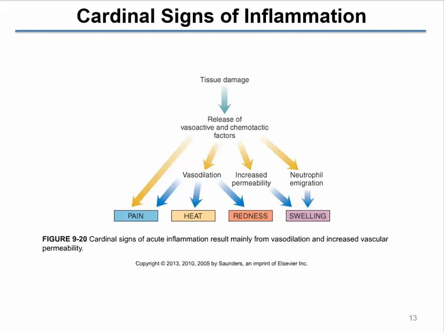So that's what we're seeing, especially in the acute inflammation. As a matter of fact, only in the acute inflammation. So this acute inflammation is self-limited, and the whole idea is to return to function. What we want to do with acute inflammation is remove the stimulus that causes the inflammation to begin with.